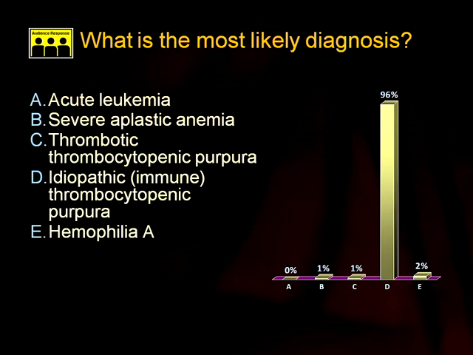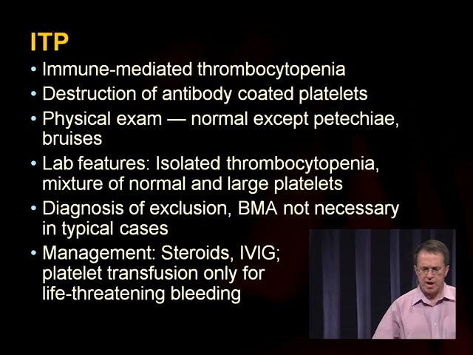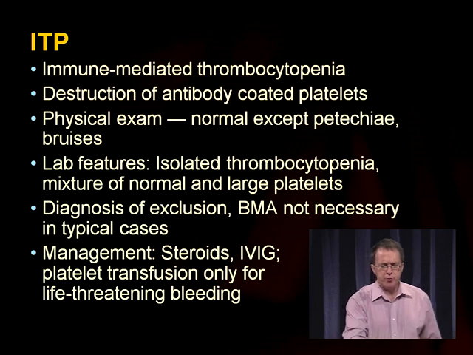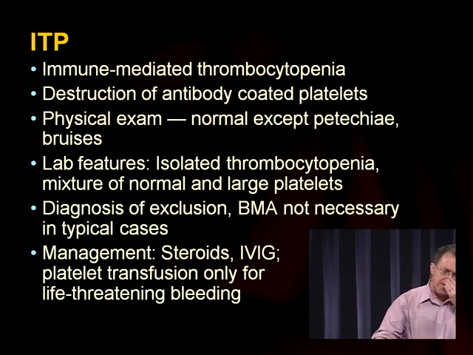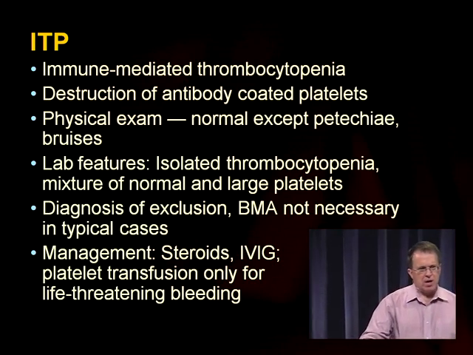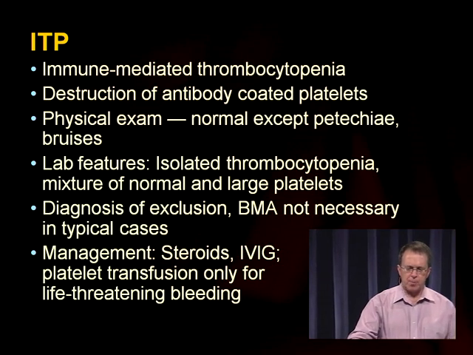Your test-taking image of ITP is a profound, isolated thrombocytopenia. Okay. So ITP is immune-mediated thrombocytopenia. I think we used to call it immune thrombocytopenic purpura, but its new official name is immune-mediated thrombocytopenia. It's destruction of antibody-coated platelets.